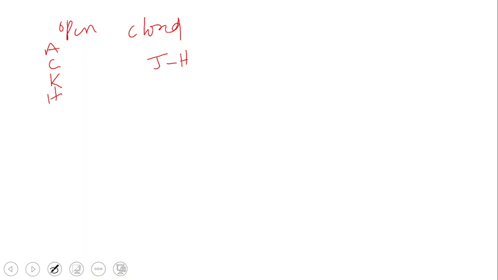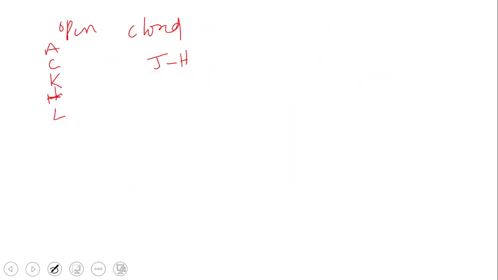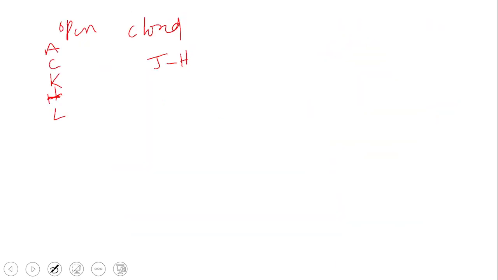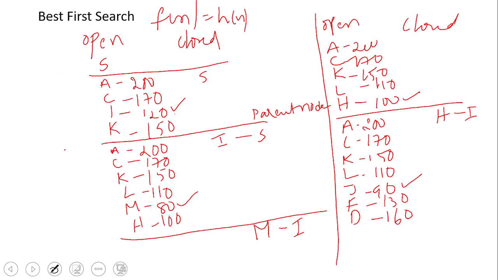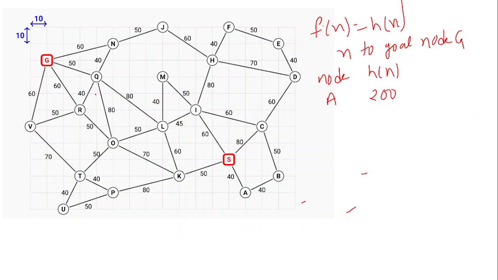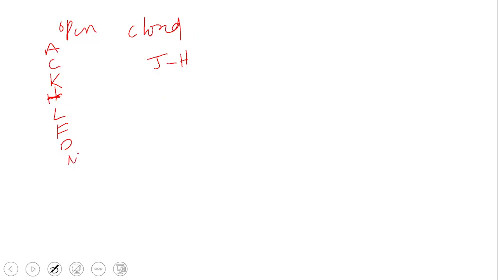A, C, K, L, F, D, and moving J. So what are the nodes connected to J? J is connected to only N. So write N here.